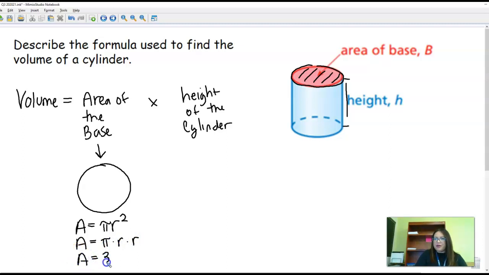A good approximation of pi is 3.14, so we're going to be using 3.14 for pi. Now, what is a radius? When I look at a circle, the radius is the distance from the center of the circle to touching the circle. That is what we call r, the radius, or in Spanish, radio.